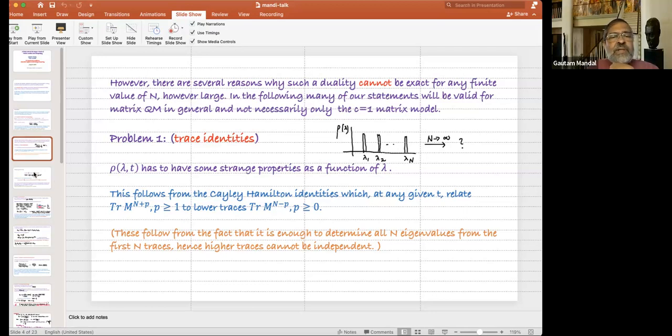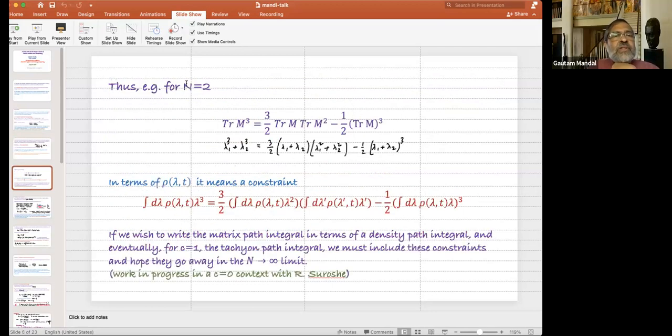Here's an example. For N equal to 2, trace of M cubed is a polynomial in terms of trace M and trace M squared. It follows from the simple fact that lambda 1 cubed plus lambda 2 cubed can be written in terms of products of lambda 1 plus lambda 2, times lambda 1 squared plus lambda 2 squared, and lambda 1 plus lambda 2 whole cubed.